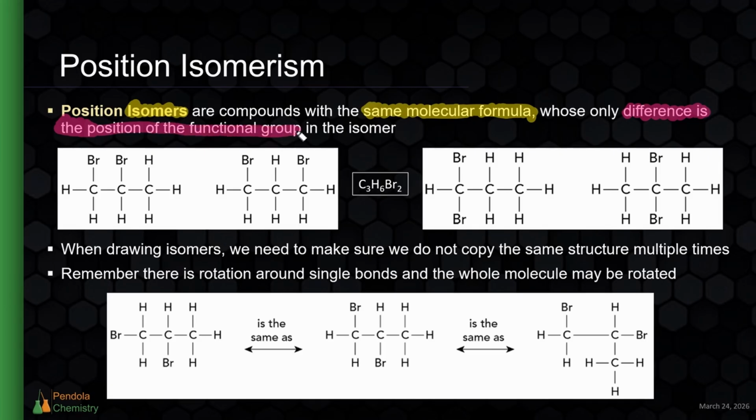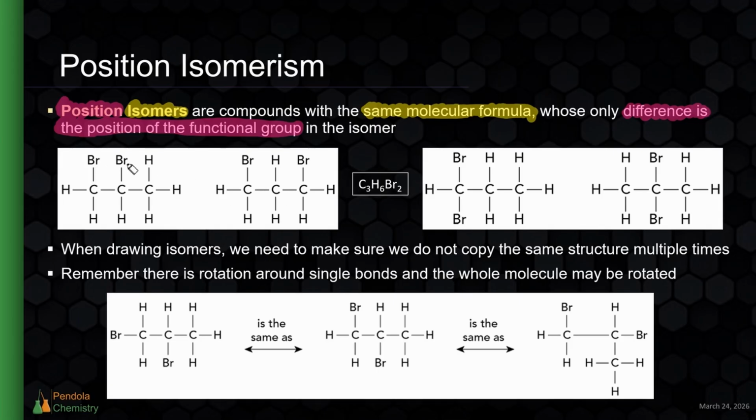In positional isomers, or position isomers, the position part comes from the fact that the position of the functional group is going to be different. They have the same molecular formula because they're isomers, and because they're position isomers, the location of the functional group is different. For example, all four of these molecules here in the center are positional isomers of each other.